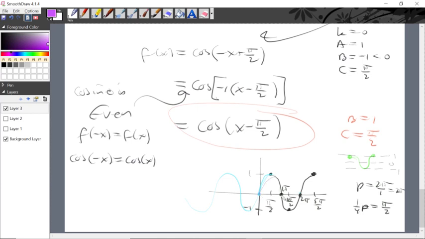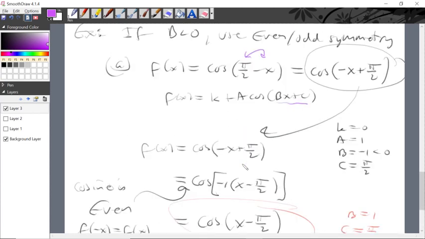We might notice that, in fact, the cosine of x minus pi over 2, which is the same as the cosine of pi over 2 minus x, because it was even, turns out to be exactly the same as just the sine of x. We can see graphically that those are exactly the same as each other. In other words, a horizontal shift by pi over 2 in the correct direction of the cosine wave is going to give us the sine wave.